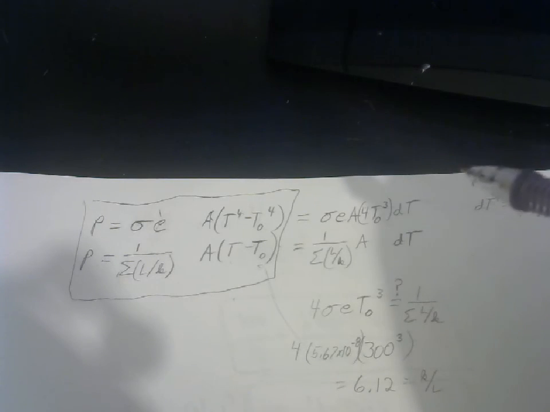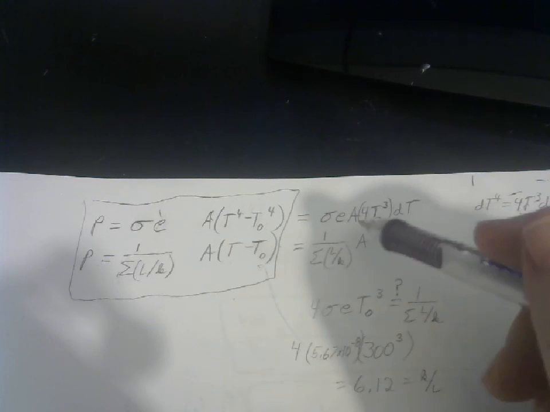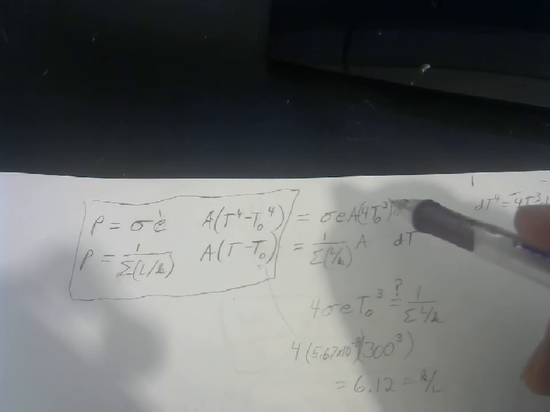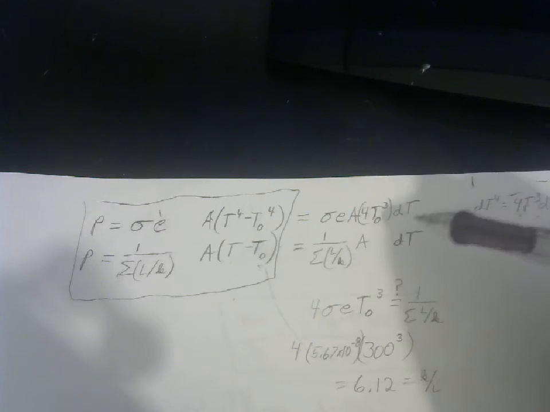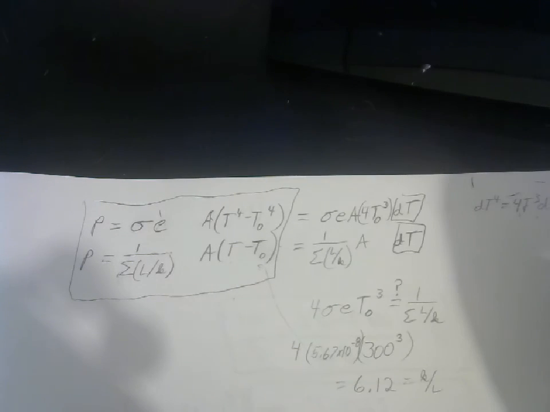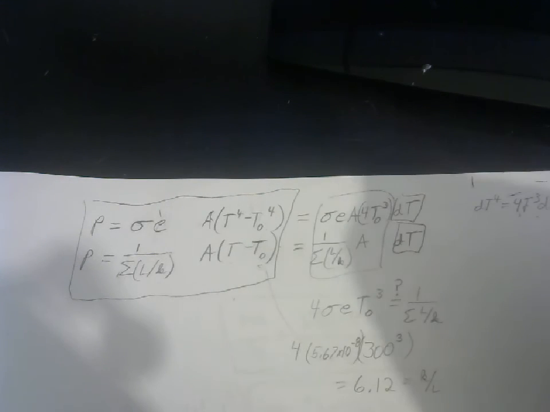I was trying to get them to resolve to the same thing using a little bit of calculus here. I think the derivative of T to the fourth is 4T to the third. So I wanted to see if I could pull out that dT and see if I could find where that was equal.